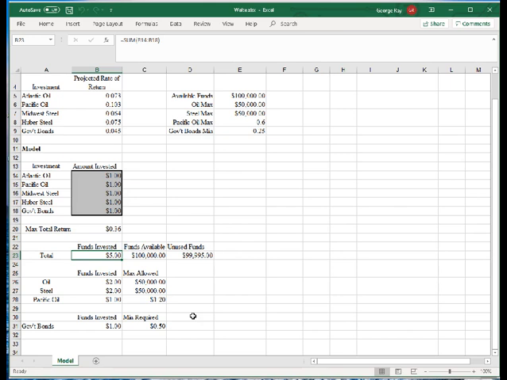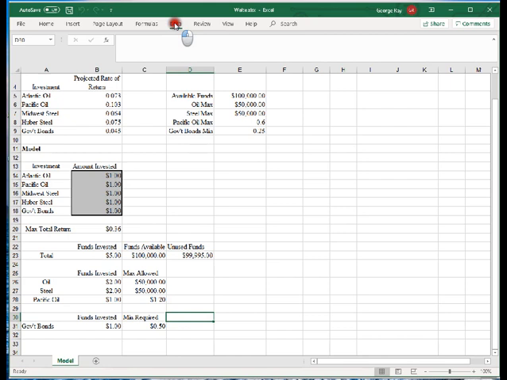And then we have government bonds. Funds invested is $1, and the minimum amount is going to be 50 cents, 25% of steel. We've invested $1. So we have a feasible solution here, albeit not optimal.